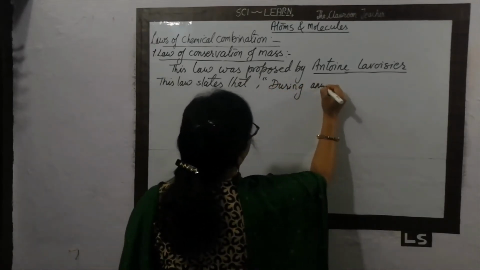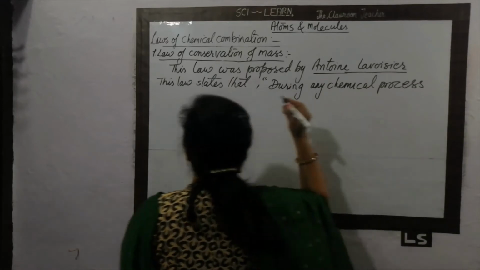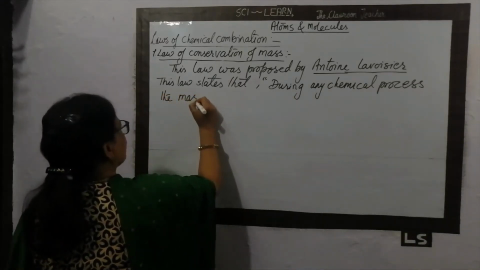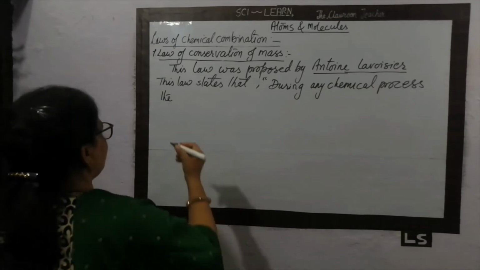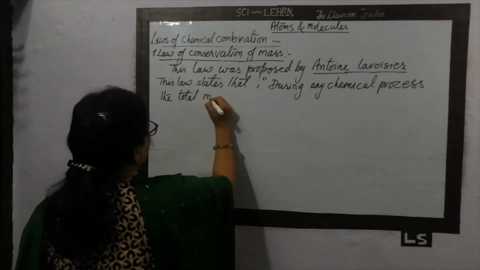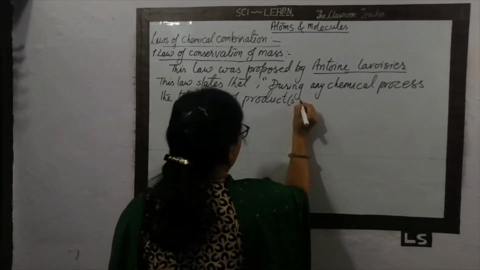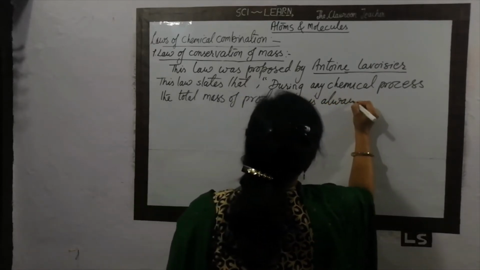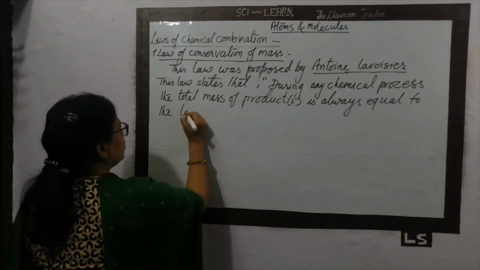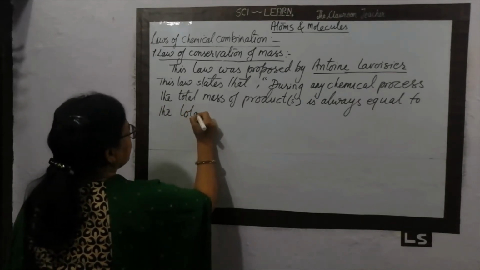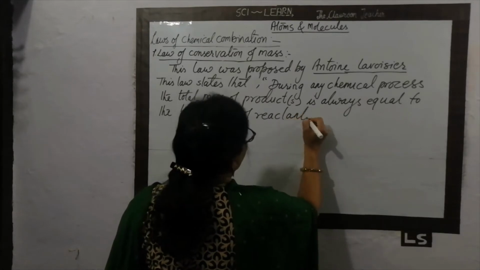During any chemical process, the total mass of product or products is always equal to the total mass of reactant or reactants.